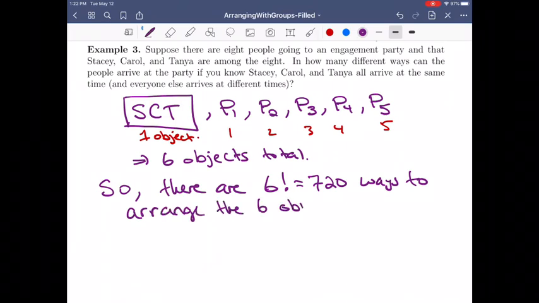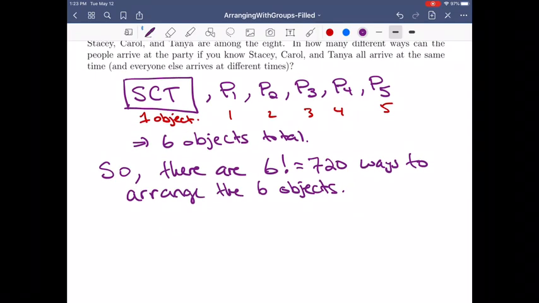So I'm calling them objects because 5 of them are people, and one of them is a box of 3 people. Okay, so it's slightly different. So there are 720 ways to arrange the 6 objects. Now again, do we need to arrange Stacy, Carol, and Tanya? Well, they're all coming together, so the order they sort of enter the house doesn't really matter. Sort of imagine them walking through a giant door where they all come in at once.